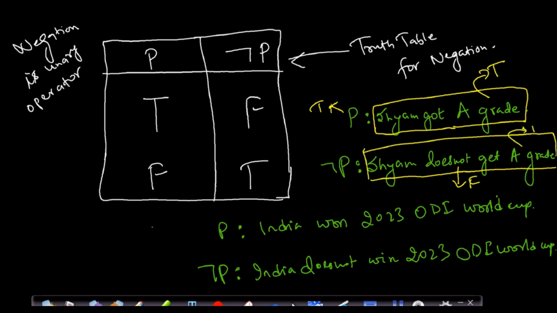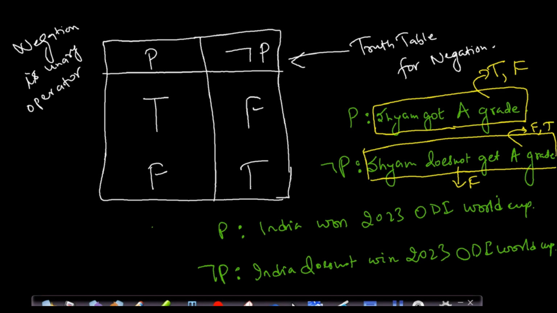Let's say that Shyam does not get the A grade. Okay, let's say that he got C grade or he got B grade. Then the statement that Shyam got A grade is false, and the statement that Shyam does not get A grade is true.